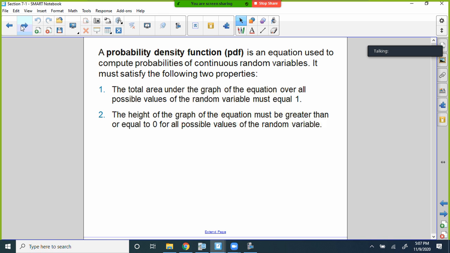So for 60 minutes, for it to be delivered at 10:01 is 1/60th, right? So every minute's a 1/60th. So if you add those up, it would be 60 over 60, which equals 1. The height of the graph of the equation must be greater than or equal to 0 for all possible values of it. So let's kind of look at this.